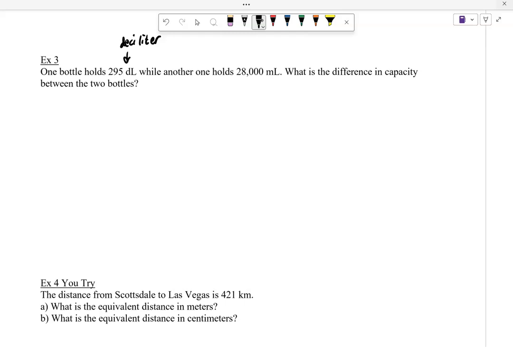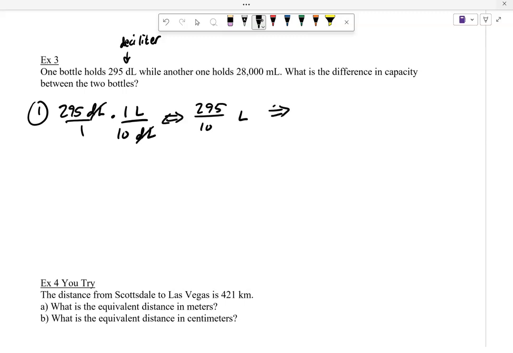So number 1, we got 295 deciliters, and we know deci is 1/10, so for every liter, I have 10 deciliters. So 295 over 1 times 1 over 10. Now we're in liters. So this is a 29.5 liter capacity.